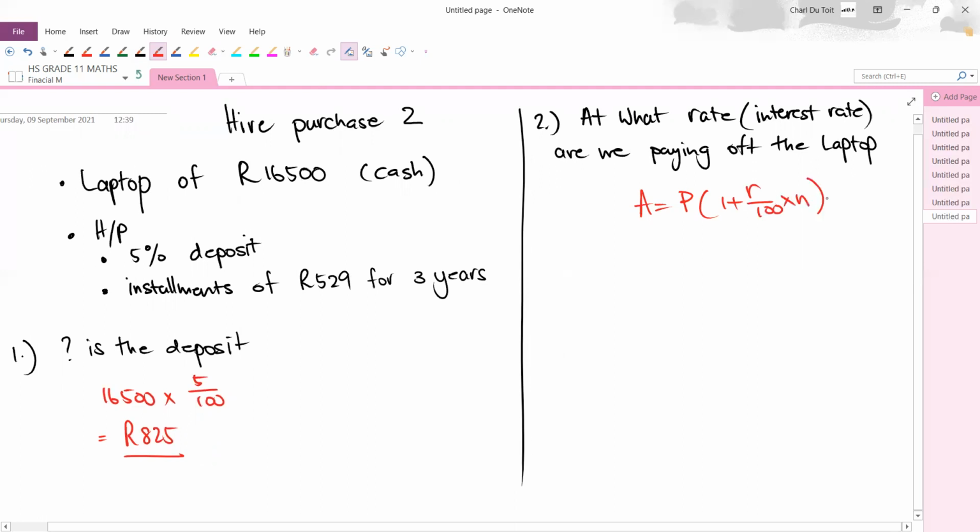Yes, sir. Again, we have to deduct the deposit from the cash price because we don't owe 16,500 the minute we walk out of the shop. So P will be 16,500 minus 825 Rand. So 16,500 minus 825 gives me 15,675 Rand. That is the amount that your debt is starting with, 15,675.